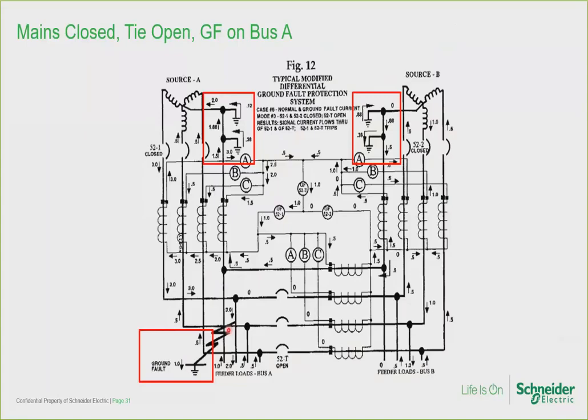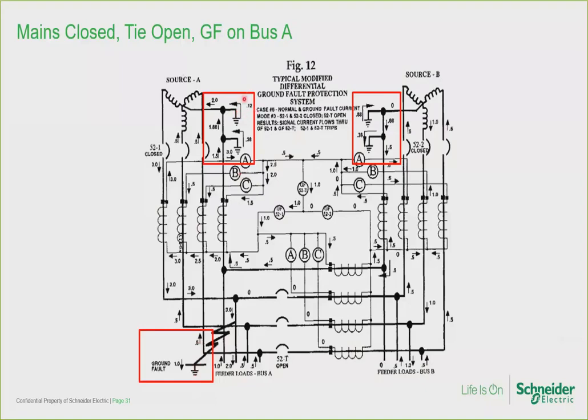In the bottom left-hand red box, you can see that 1 per unit of ground fault current is flowing from phase A into the bonding system because it's a ground fault. 0.12 per unit, or 12% of that ground fault current, flows to the system bonding jumper of source A. You can see right here at the top.